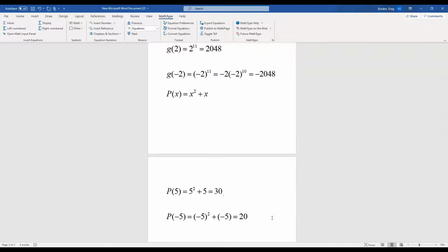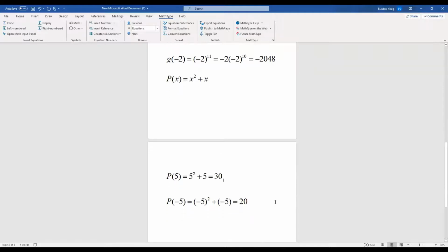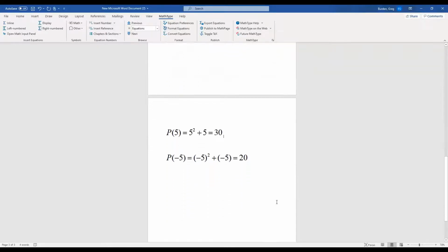So P of 5 and P of negative 5 went to places that don't seem to be connected to each other in any obvious way. And so this just doesn't have that property of being an even function or an odd function. Now, if it had worked, that wouldn't prove that the function is even or odd, but the fact that it didn't work in either case definitely disproves the notion that the function is even or odd.